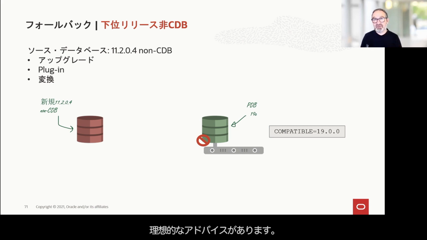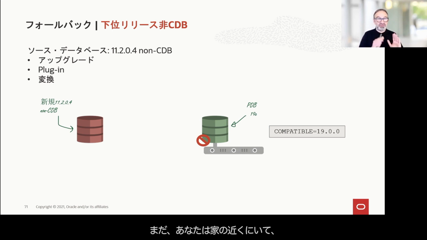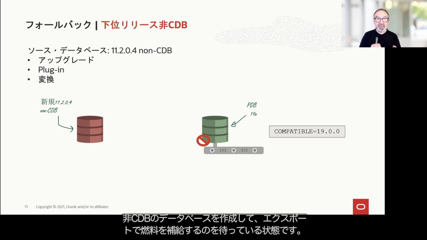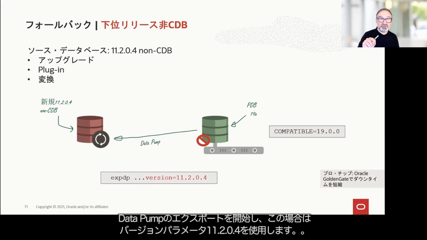And ideally, a tip from our side, if that is your fallback strategy, you have everything in place already. You still have the home around, and you have created that non-CDB database already, waiting to be fueled up with an export. Now we start a Data Pump export and we need to use the version parameter 11.2.0.4 in our example.